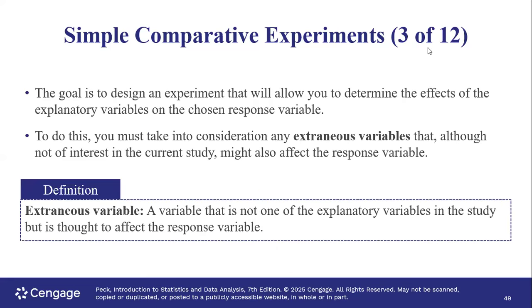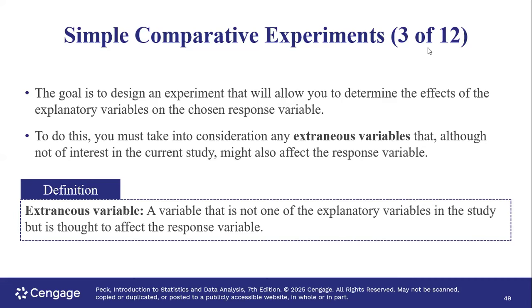The goal is to design an experiment. Again, an experiment is a series of trials that we run under controlled condition that will allow you to determine the effects of the explanatory variable on the chosen response variable. Again, please remember my explanatory variable is the new drug. And I'm comparing the new drug with the old drug and how it cures the disease.